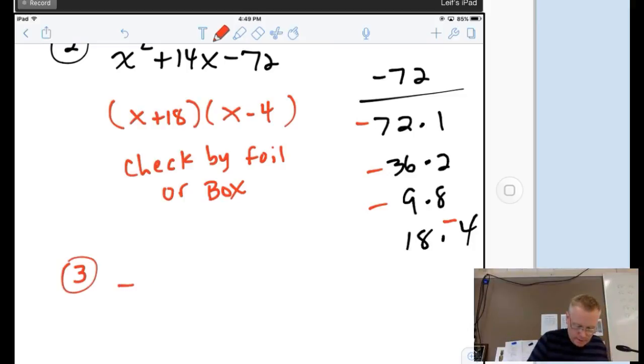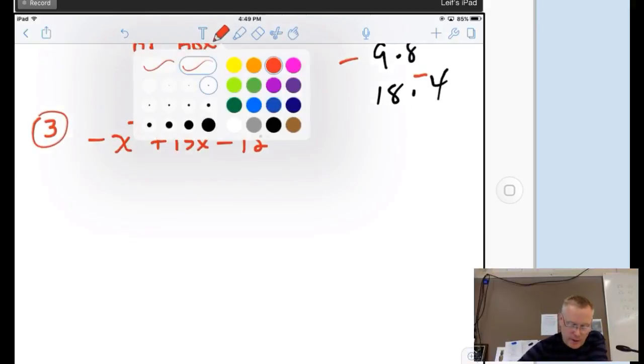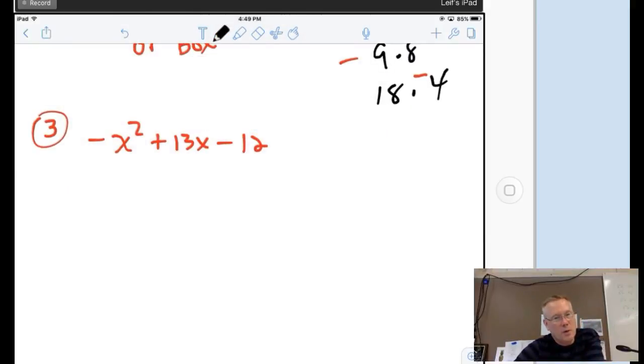I got negative x squared plus 13x minus 12. Okay, now I'm sure there are different ways to do this, but I like to have my x squared positive, which means if I pull a negative out, I can get rid of that, okay, because that really changes some of the dimensions here.